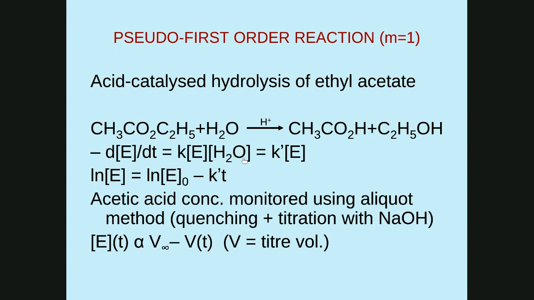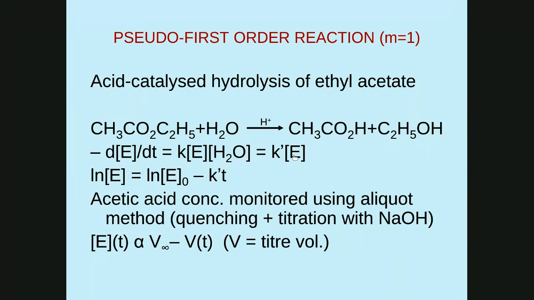So we absorb this concentration of H2O into a single constant K primed together with the actual rate constant K. So this now has the form of a first order reaction, right? Even though it is strictly speaking second order, because of the mathematical form it is what we call a pseudo first order reaction.